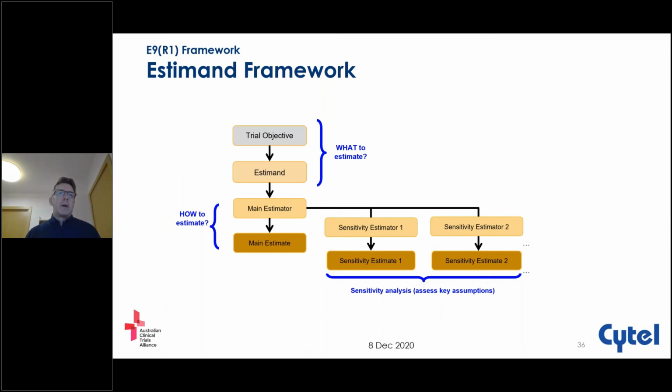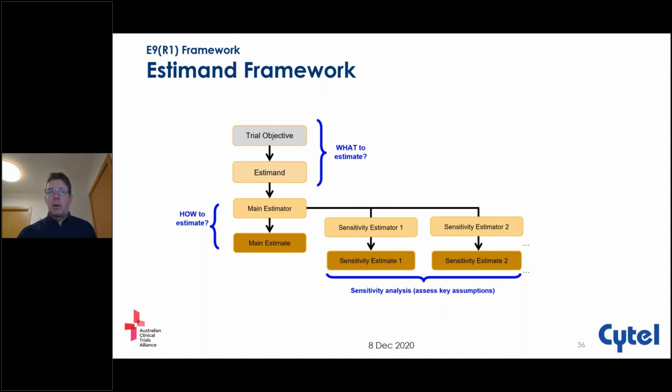We then have to define the estimator, the main estimator, and the estimate of it. And that talks about how to estimate. And then there are sensitivity analyses to that estimator. And there'll be a number of them, and that means more than one. So 2, 3, or 4 is the number that people are going to at the moment.